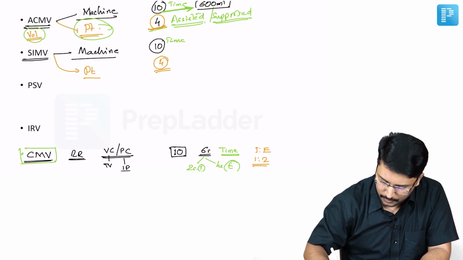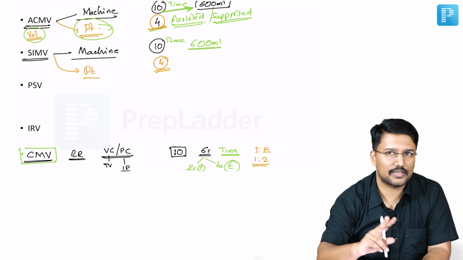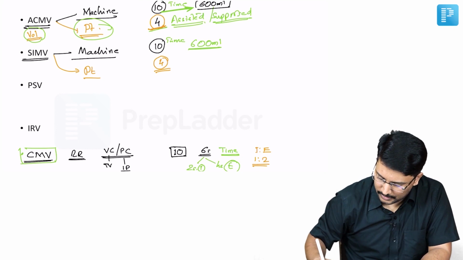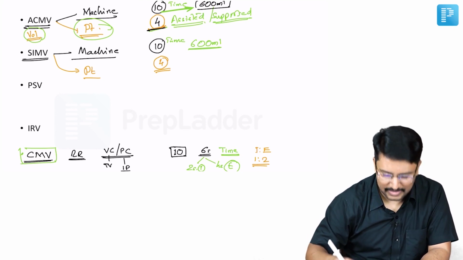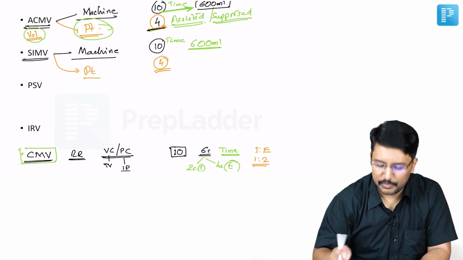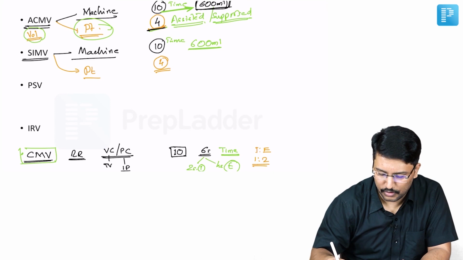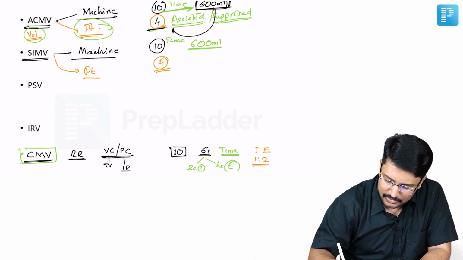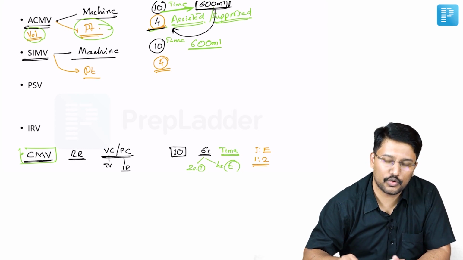That applies even to SIMV because it is a controlled breath. So 600 ml is delivered. On the other hand, the patient triggered 4 breaths in ACMV are also fully supported. That means the preset parameters, like in volume controlled mode, this 600 ml, is delivered for all these 4 patient triggered breaths also in assist control mode of ventilation.